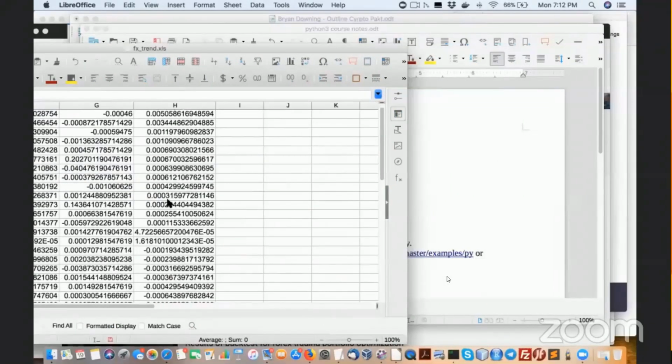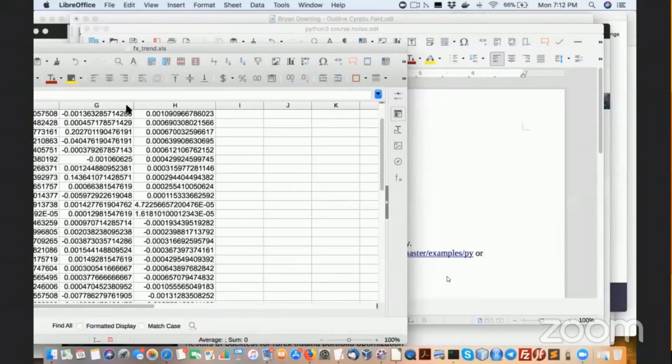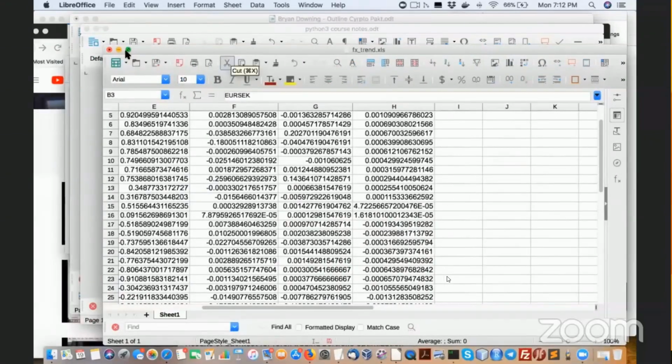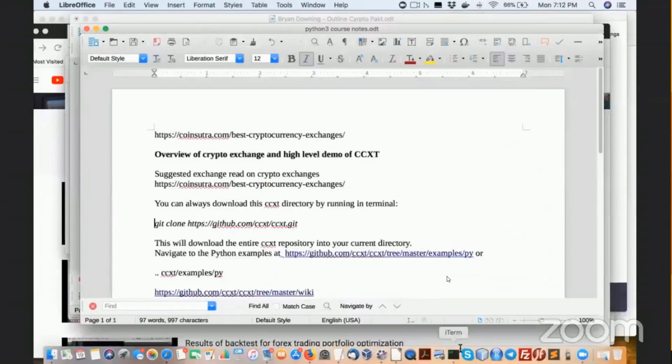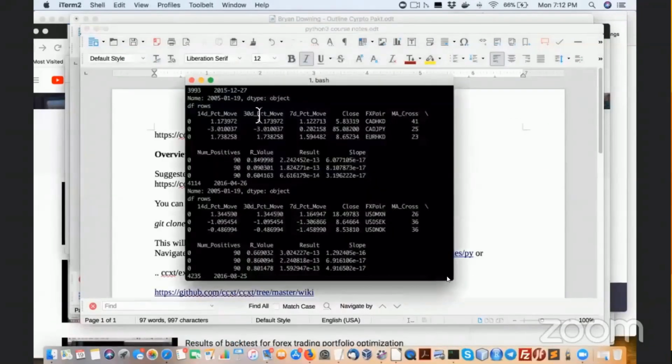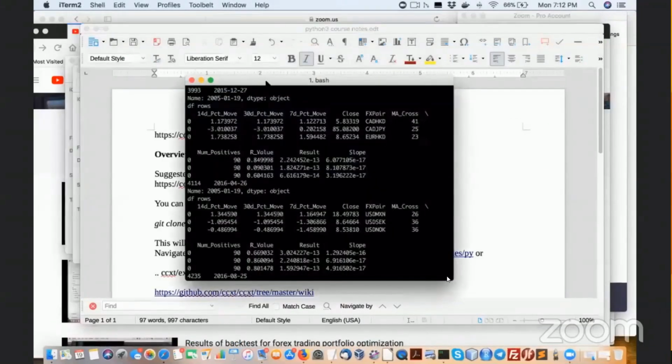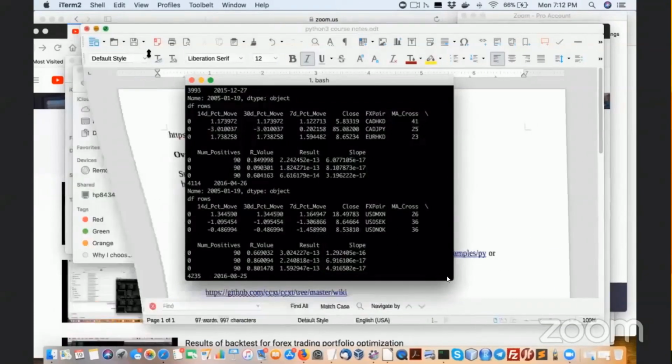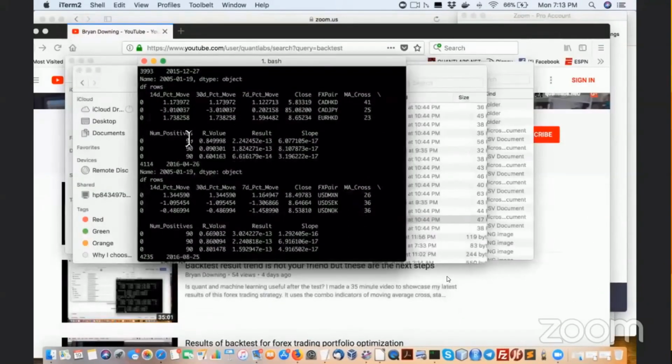And I decided to run a back test against all of these indicators, and the overall consensus that I came away with is, let me just go to my command prompt here. Okay, in here, like I said, everything's done in Python.